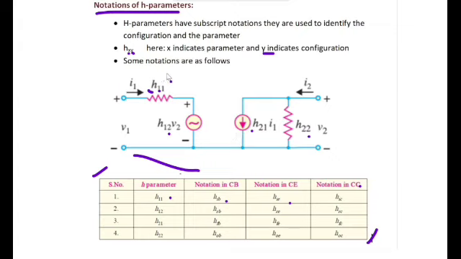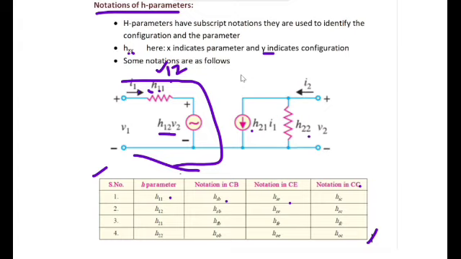So if we have a look at the equation, V1 is equal to h11 into I1 plus h12 into V2, and that first equation will satisfy the first circuit, this input network. In this first network, h11 into I1, that is input current, plus h12 into V2, is another term in the first equation.